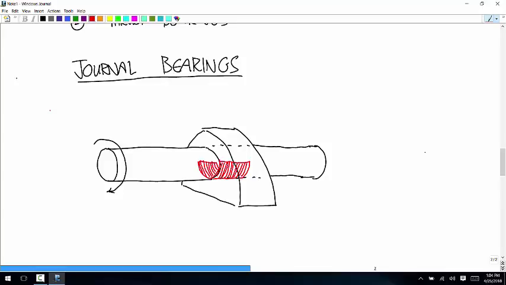And there's friction there that acts in the opposite direction that this shaft is rotating. Or if it's static friction, opposite to the direction that this shaft would rotate if the friction wasn't there.